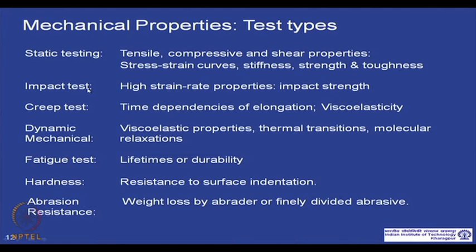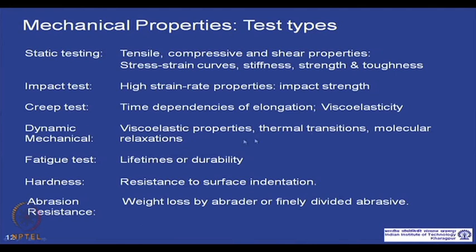Time dependent behavior of polymer material can be studied from a creep test. Similarly, there are other tests like dynamic mechanical test, fatigue test, hardness and abrasion resistance.